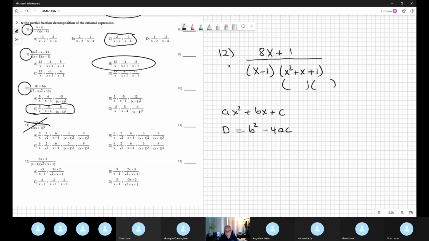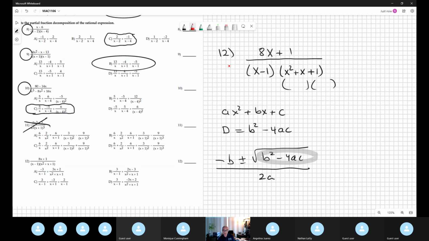By the way, this is the expression inside the radical in the quadratic formula. The quadratic formula is minus b plus or minus square root of b squared minus 4ac, divided by 2a. So I take this expression and call it capital D, because normally it's the discriminant. Why discriminant? Because it gives me information if the solution is real or complex.